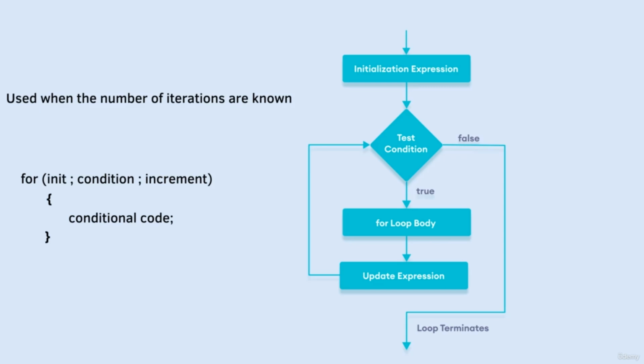So here I will write something like I is less than or equal to 100, that is the condition. Unless and until the I value is less than or equal to 100, it will keep on executing. And increment: since I is 1 and it needs to go till 100, I need to keep on incrementing the value. I have to increase the value every time I am running this loop.